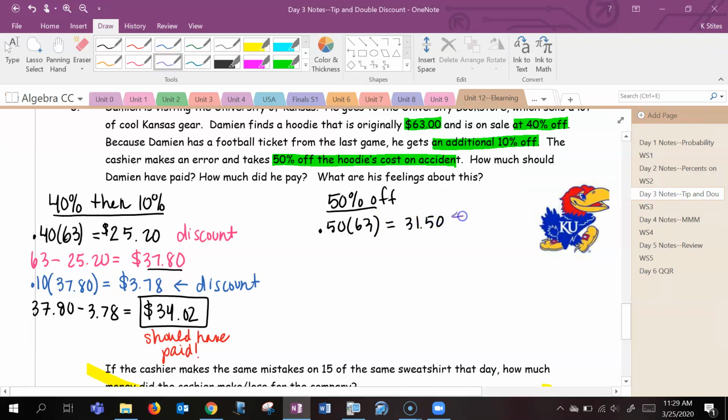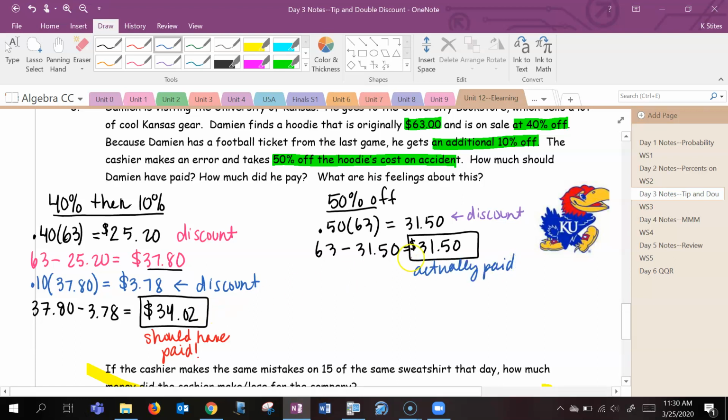So $31.50 is your cost because 50% off means you're paying half of the price. So if you look, this is what he actually paid.